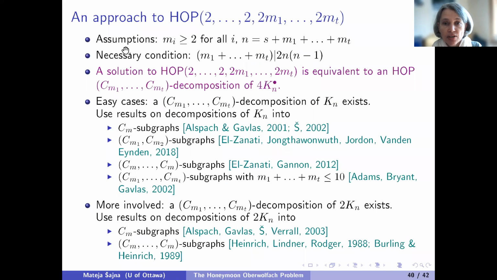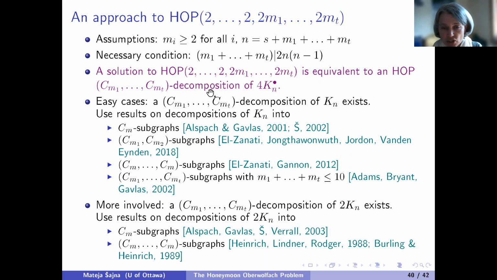Now, in general, there are some results that can be used in our favor. So suppose that we have the HOP with S tables for 2, and then the remaining tables will be longer. So these M1 through MT are each at least 2, which means that we get tables for 4 and more. So as we have seen, a solution to HOP with these tables is equivalent to an HOP CM1 through CMT decomposition of the 4-fold complete graph of order n.